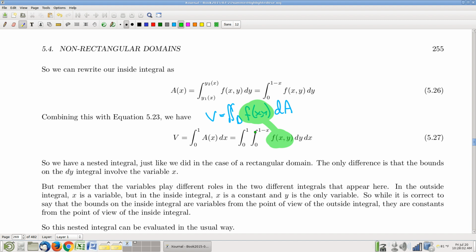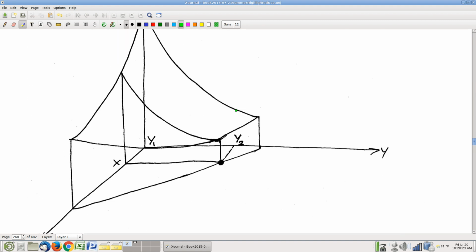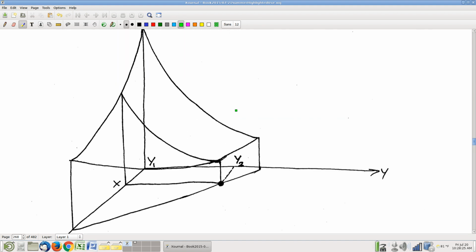You should never look at the picture that you've drawn and ask, what does the picture tell me about the integrand? What the integrand is comes from what the application is. So the question is, where do those bounds come from? And I argue that the bounds always come exclusively from the domain. So let's look back at our picture here. How did I know this bound?